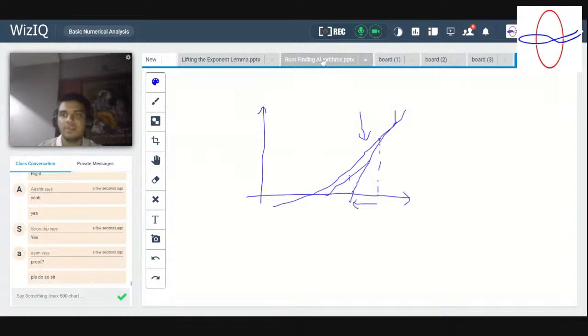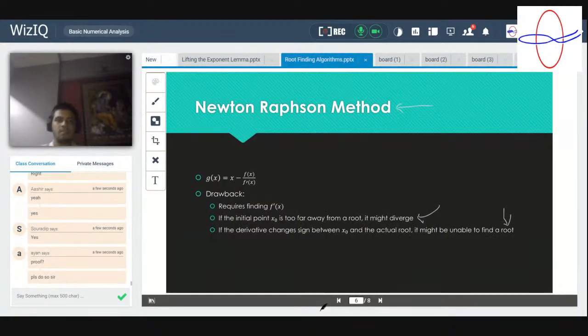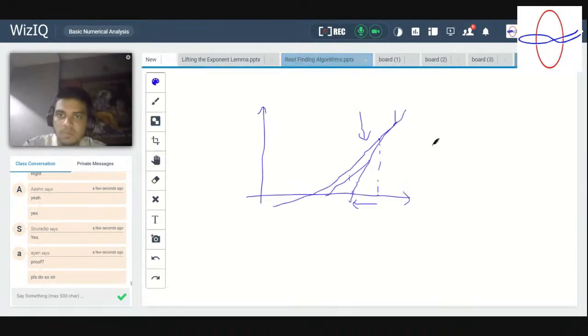So how we do that is by using this formula. So this value here is f of x, and if you remember, the derivative is the tangent of this. So f dash of x, let's call this t, can be written as f of x upon t.